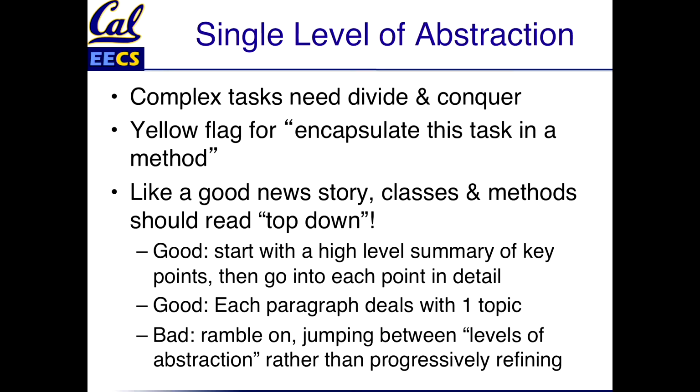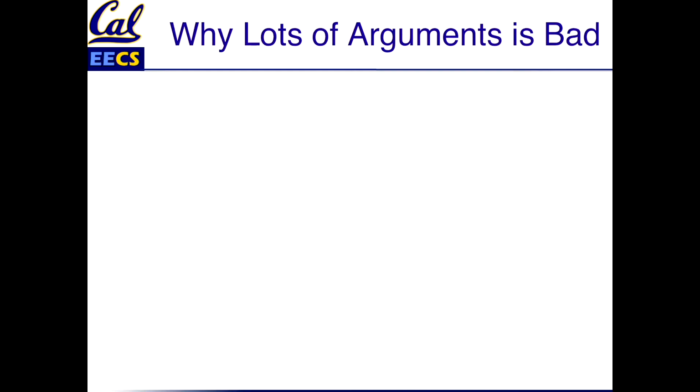If you took an English class or trained to become a reporter, you start off with a good summary, and then each paragraph goes into points in more detail, with exactly one topic per paragraph, as opposed to the rambling style where it jumps back and forth between lots of ideas. So this single level method is orchestrating everything that's going on. That's one of the goals to strive for: the single level of abstraction.